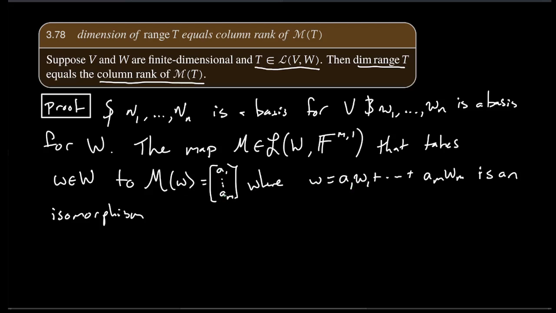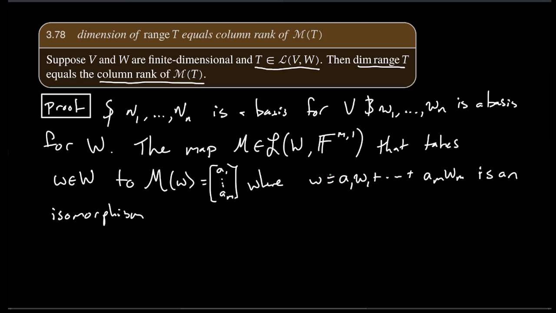All right, cool. We already know this is linear. We've proved that before. So the fact that it is surjective and these two spaces have the same dimension is enough to show that it's an isomorphism.